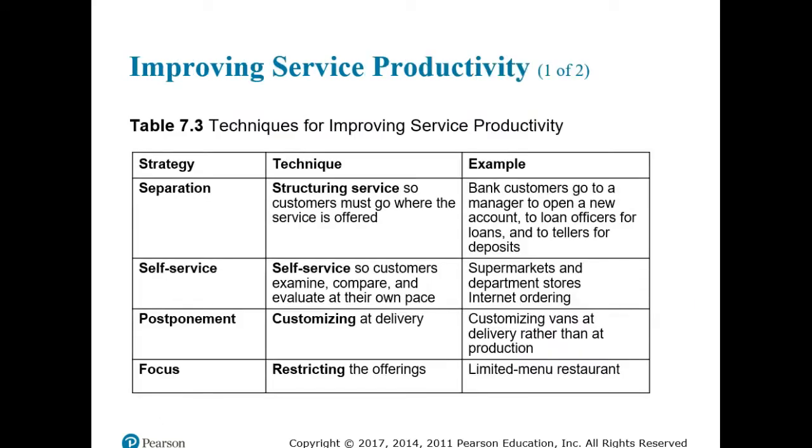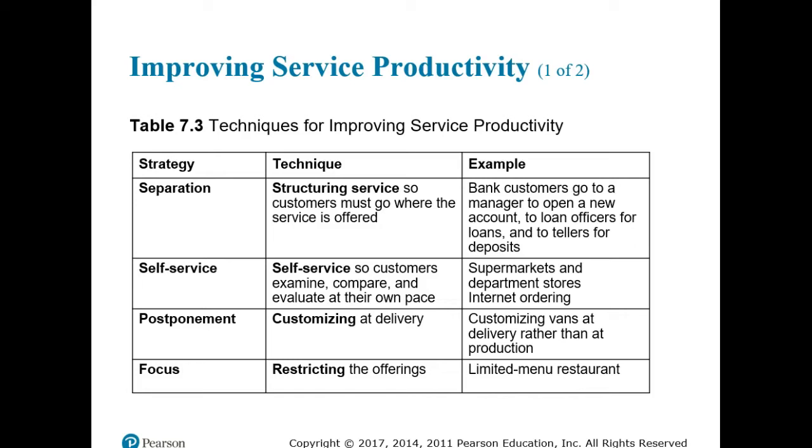And here in table 7.3, it shows some additional techniques for innovative process design in services. And your managers focus on designing innovative processes that enhance the service. So for instance, supermarket self-service reduces cost while it allows customers to check for specific features they want, such as freshness and color. And think about Dell Computer.